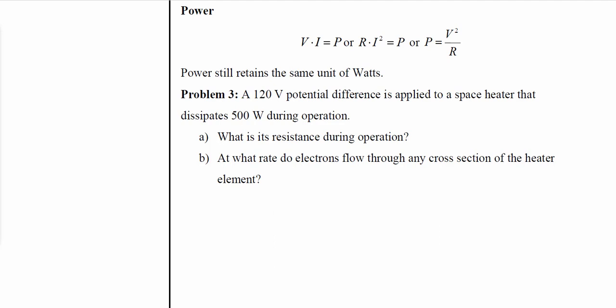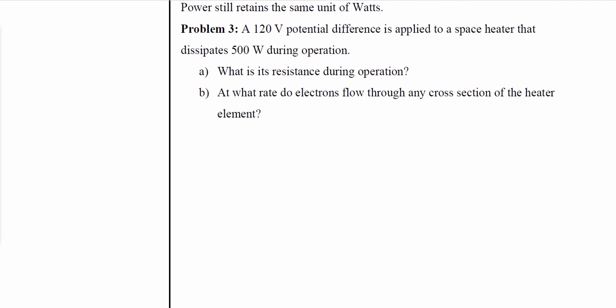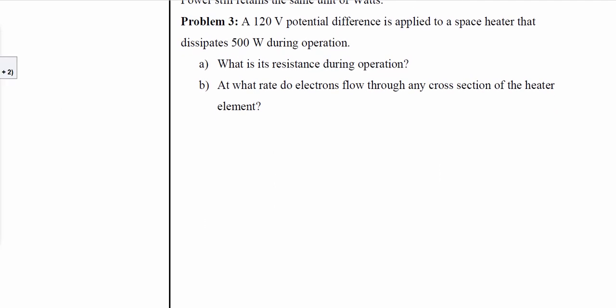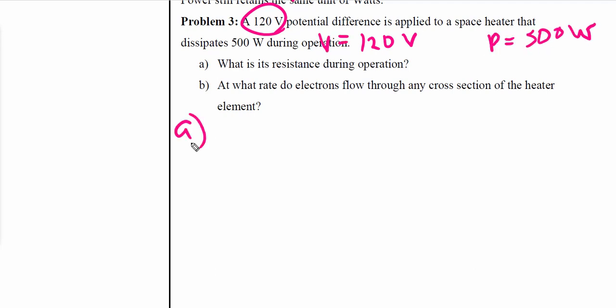Problem 3. We have a 120 volt potential difference. This, of course, is going to be our voltage. And we have a power dissipation of 500 watts. What is the resistance?